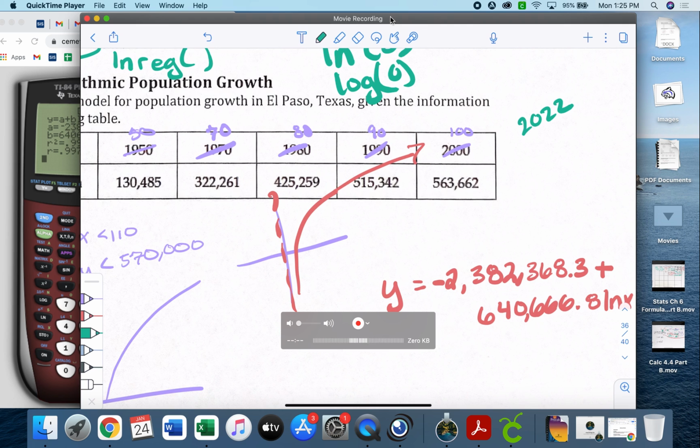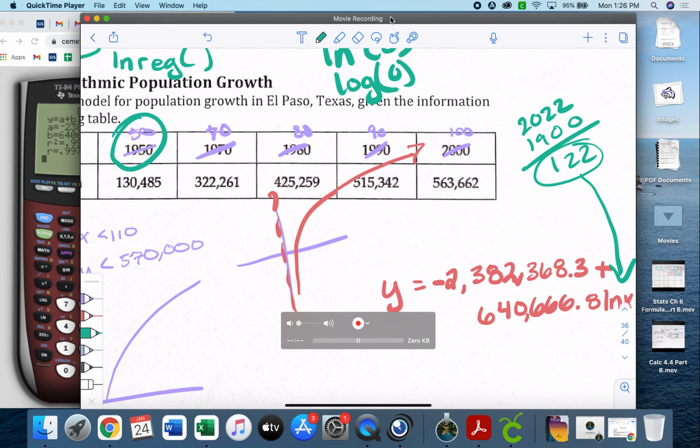If 1950 is year 50, 1900 is year 0, so I'm going to subtract. So 122 is what we're going to plug in for x, and we could figure out what the population in El Paso, Texas should be for that year. Okay? Do you know how to do all that good stuff? Yep. Beautiful.